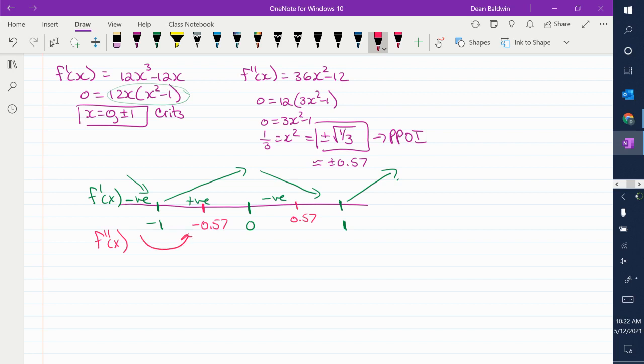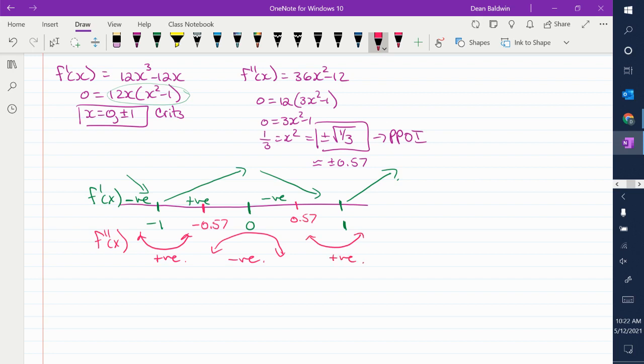Then I have to pick between the two reds. What would be a nice easy number? 0, which gives me negative. So we're concave down. And then do it again. It alternates, even though I say not everything alternates.